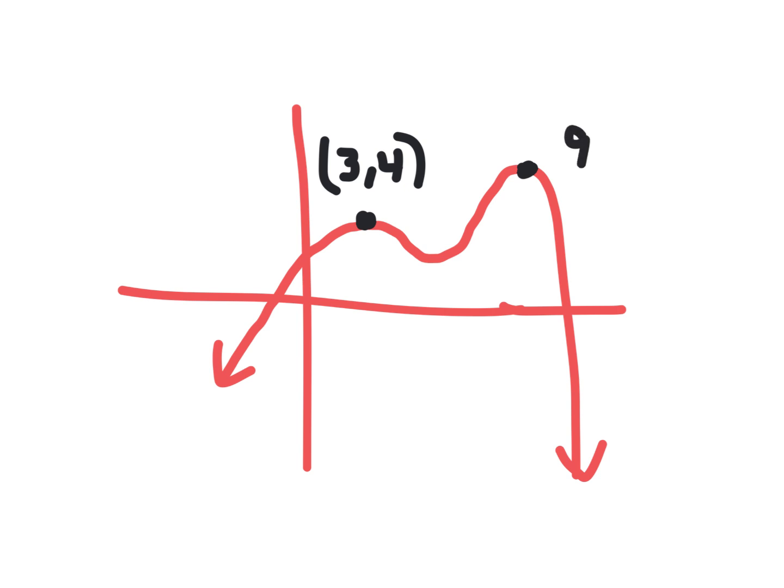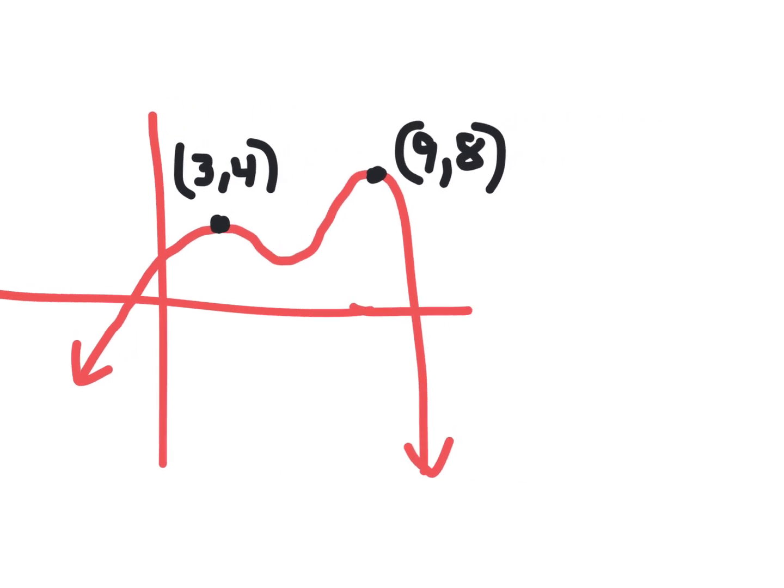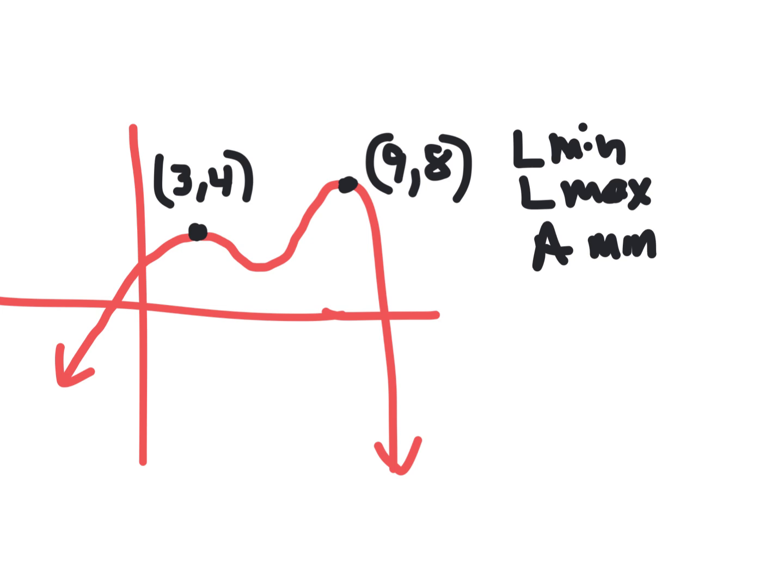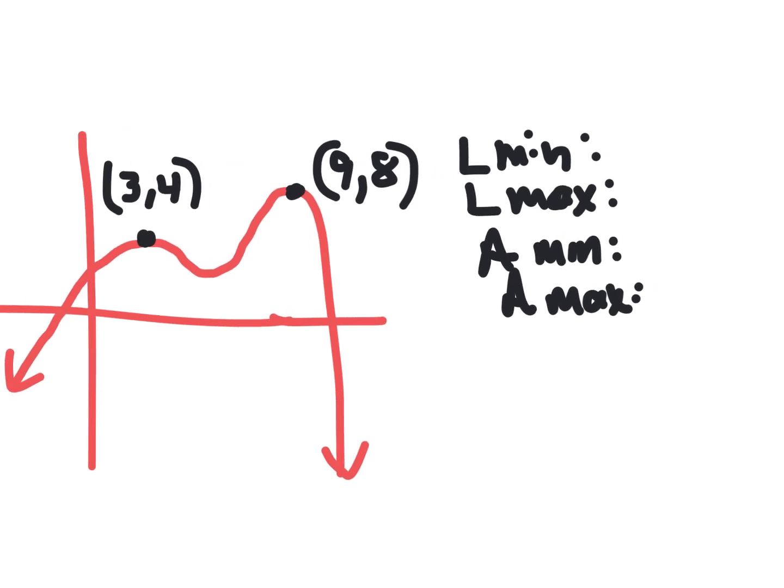This is going to be at 9, 8. And over to the right, I want you to list local min, local max, absolute min, absolute max. Sometimes the answer is none. Sometimes the answer is a point.